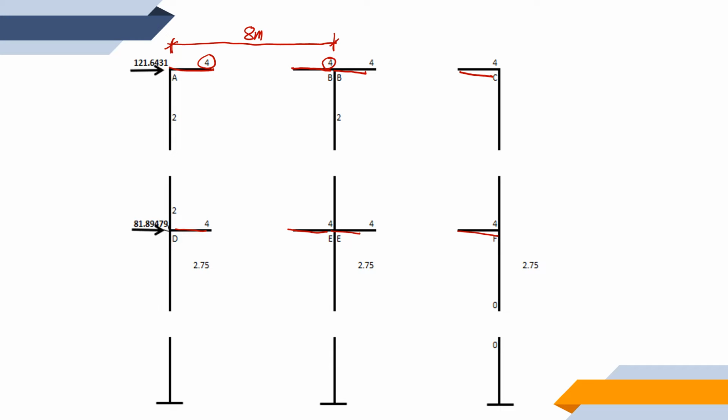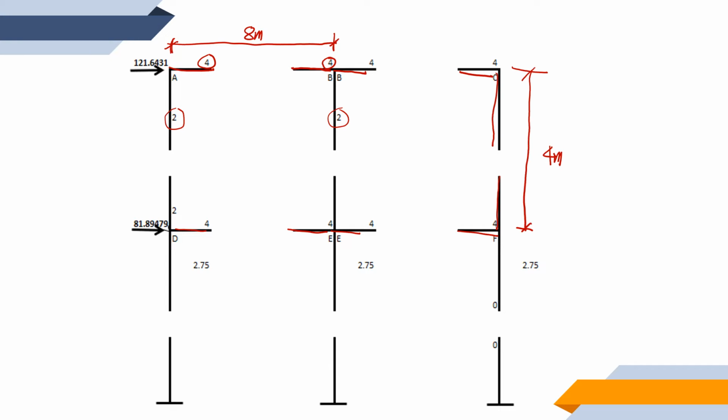Now, this column height is originally 4 meters, meaning if we cut through the midspan, each of these half members will be of length 2 meters.